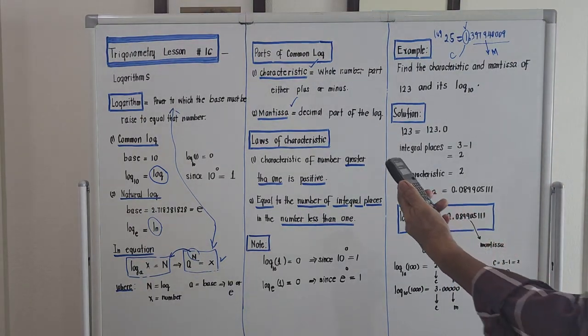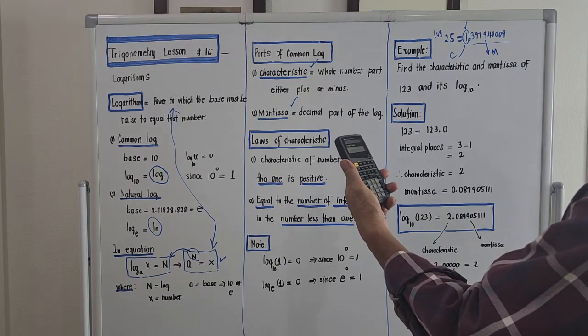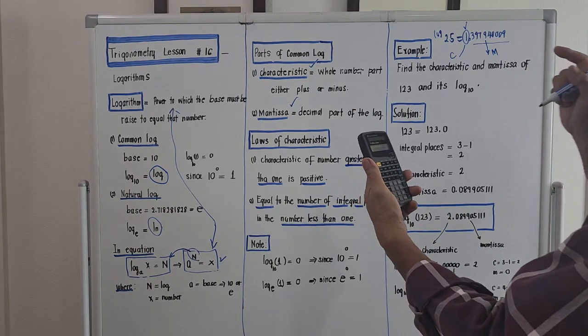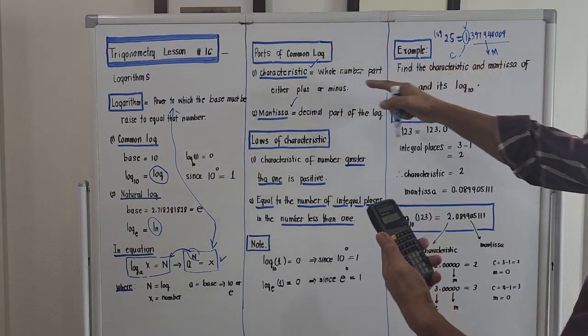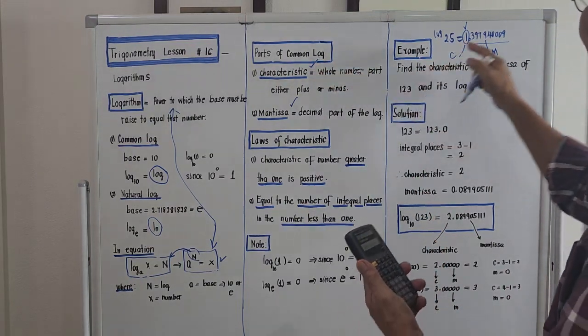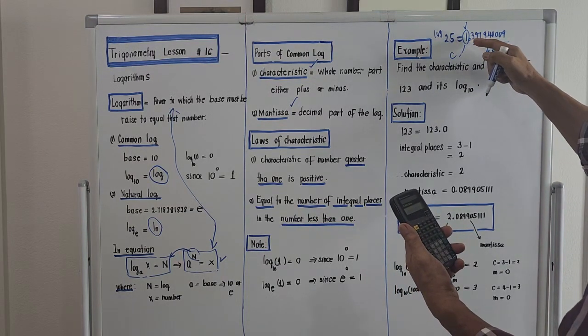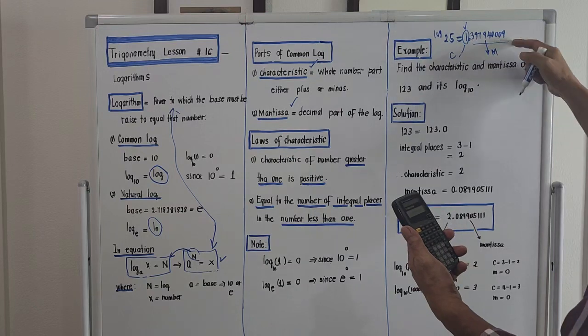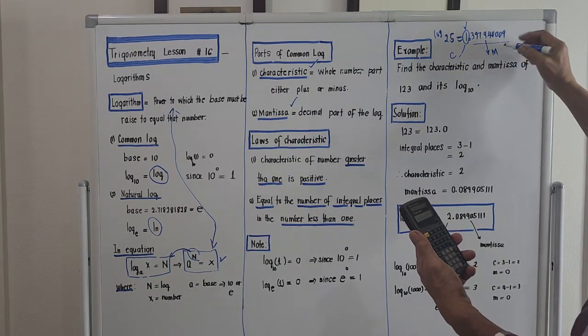So from the value 1.397940009, the whole number part, which is 1, is actually referred to as the characteristic. And the decimal part, 0.397940009, we call the mantissa.